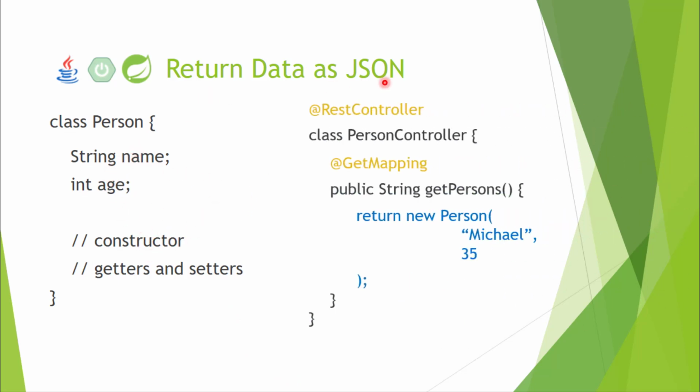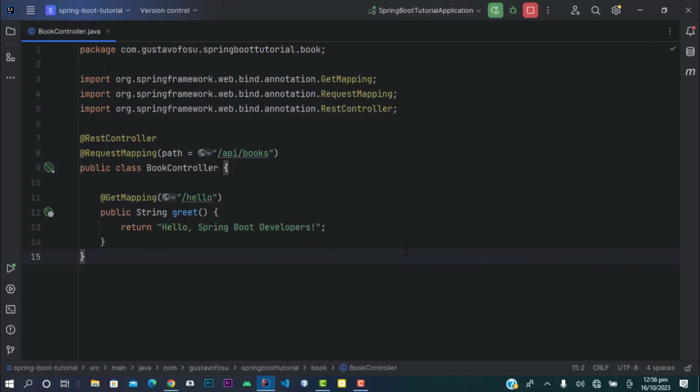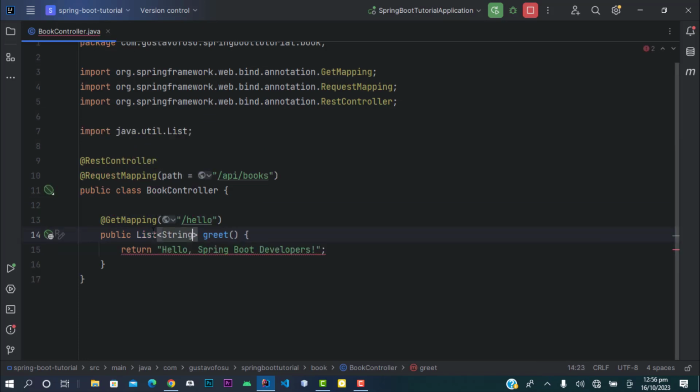Then, in your controller method, you can return an instance of this class. Spring Boot will automatically serialize it to JSON. We will look at that when we get to working with the data, but for now, we will make use of the List interface. So let's change our return type from String to List, and it must return a String.